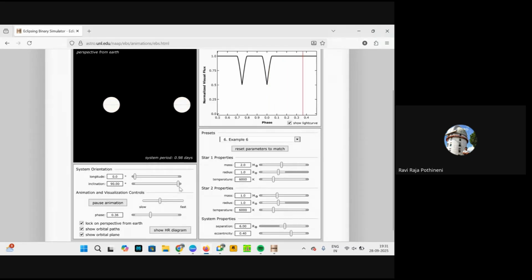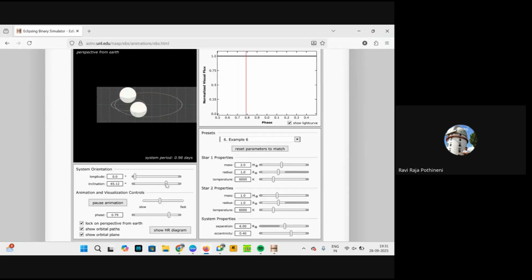If it is any other angle, it will be partially eclipsing. This is called a partial eclipse, meaning each of the stars is partially blocking the other. In such a case, the parameters we deduce may not be reliable. That is the reason astronomers sometimes go for spectroscopy whenever the inclination is not 90 degrees, or whenever they are not totally eclipsing binary systems.